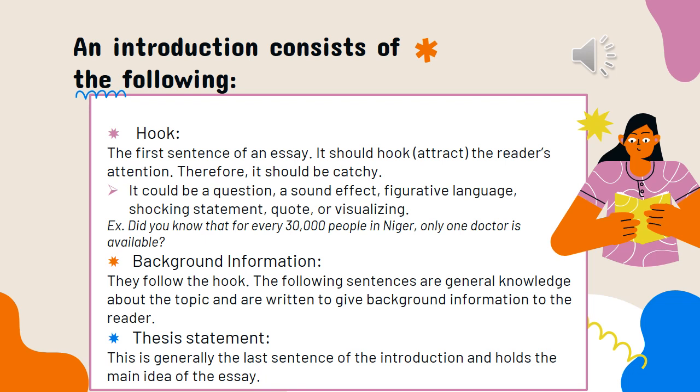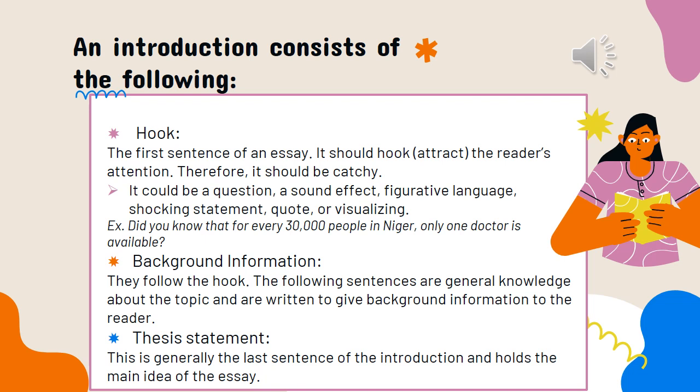After the hook, which is the first sentence of the introduction, we will be adding background information. And of course, we should have already decided on our topic. So the background information must be on our topic or our main idea. The background information follows the hook, and the following sentences are general knowledge about the topic and are written to give background information to the reader.